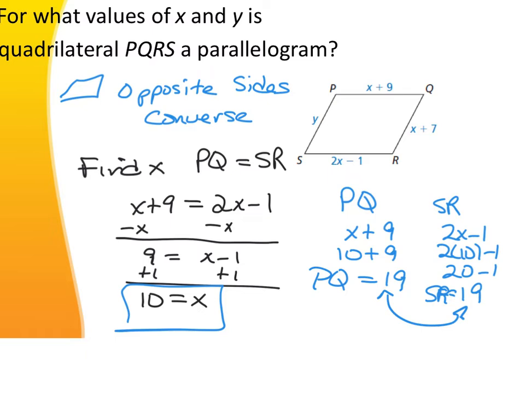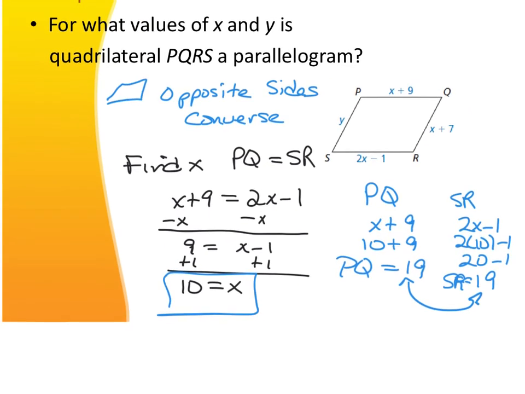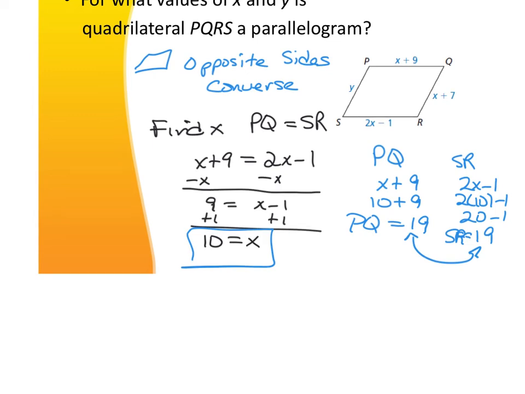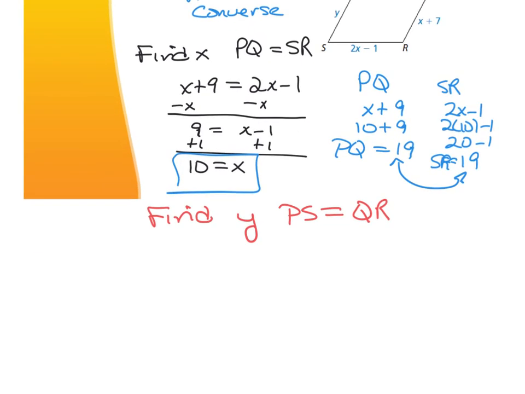Now we're going to do something similar for y. We're going to set the opposite sides equal to each other. So now to find y, I am going to set PS equal to QR. PS is y and QR is x plus 7.